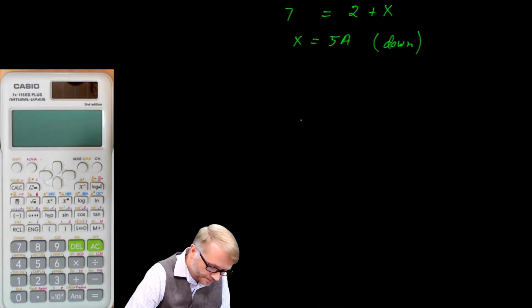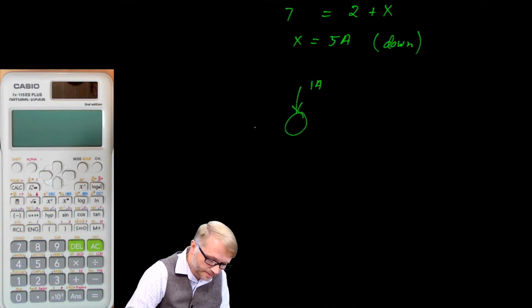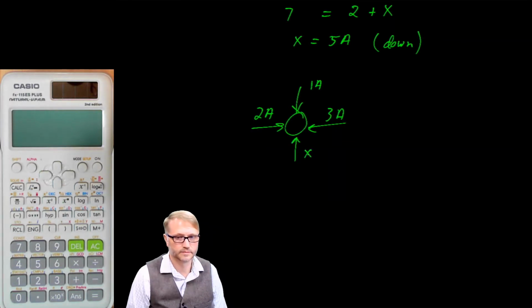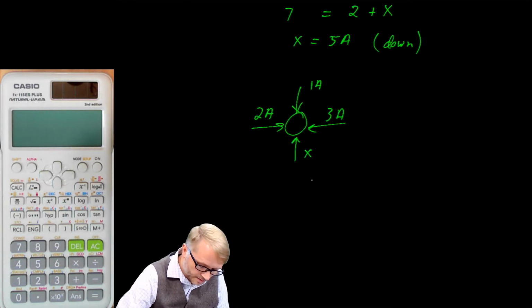Here's another one. So we have a node. It has 1 amp flowing in, 2 amps flowing in, 3 amps flowing in, and X flowing in. Once again, the summation of the current in is equal to the summation of the current out.